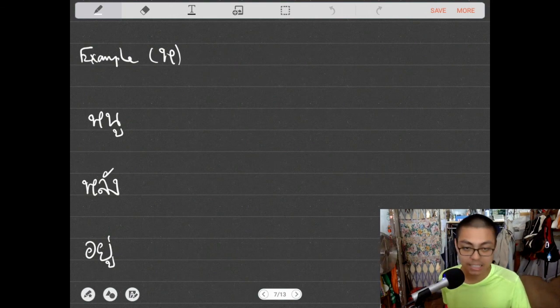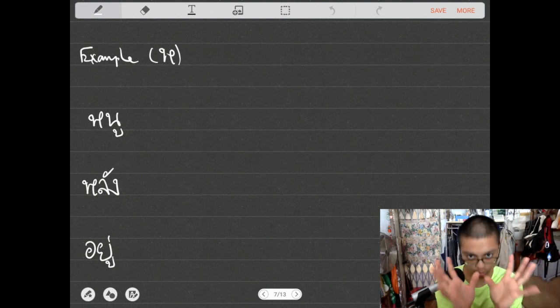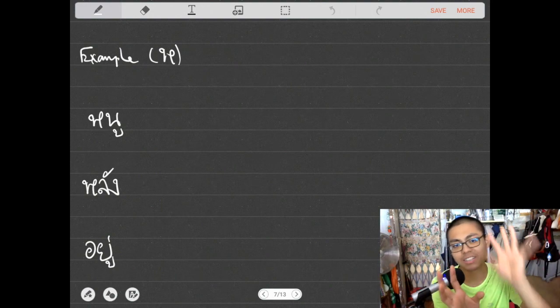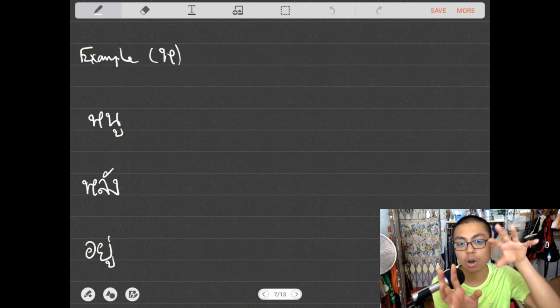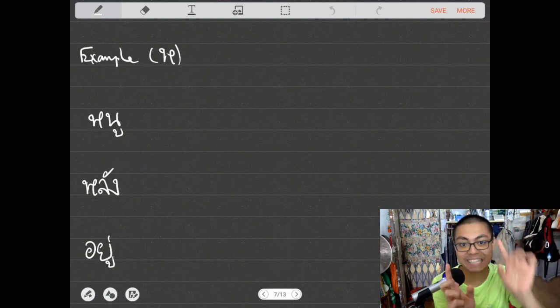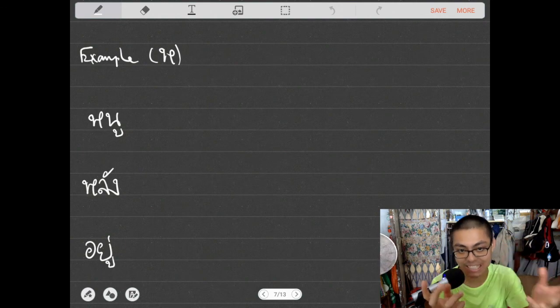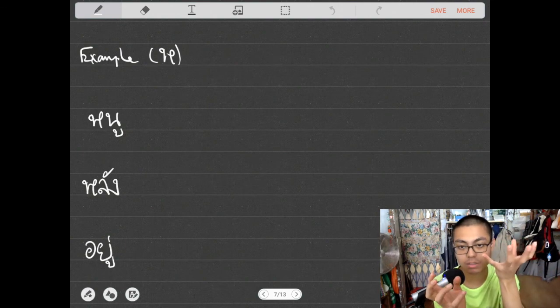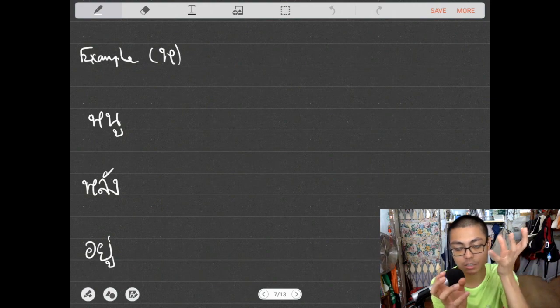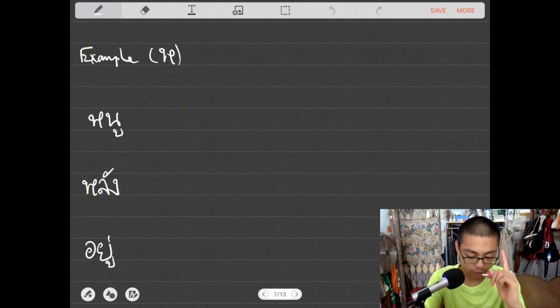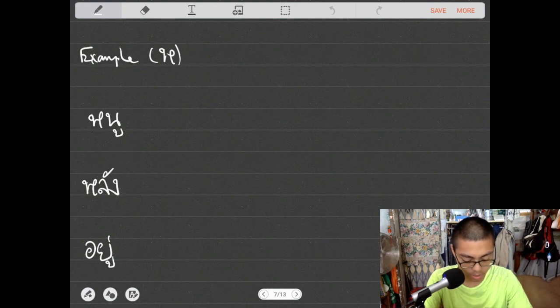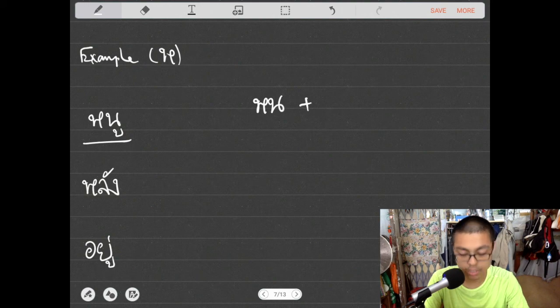Leading ห first. Leading ห means when we have two consonants put together, the first consonant is either ห or อ. That's why we have the name leading ห or leading อ, because the consonant is the first one. First type, leading ห. First word, we have a consonant cluster ห plus น, no nu. Then we have a vowel, sara u.